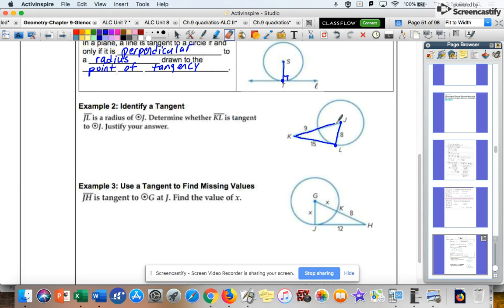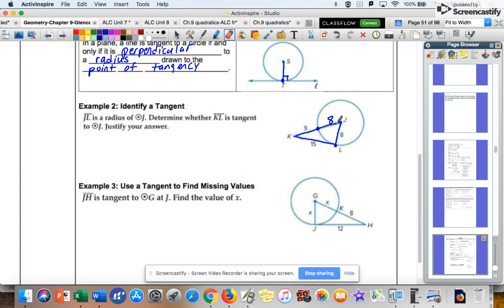The 9 right here is the length of just this piece, because we know the radius right here is 8. So let's be careful with that. This is 8 because that's a radius, this is 9, so that whole thing would be 17.